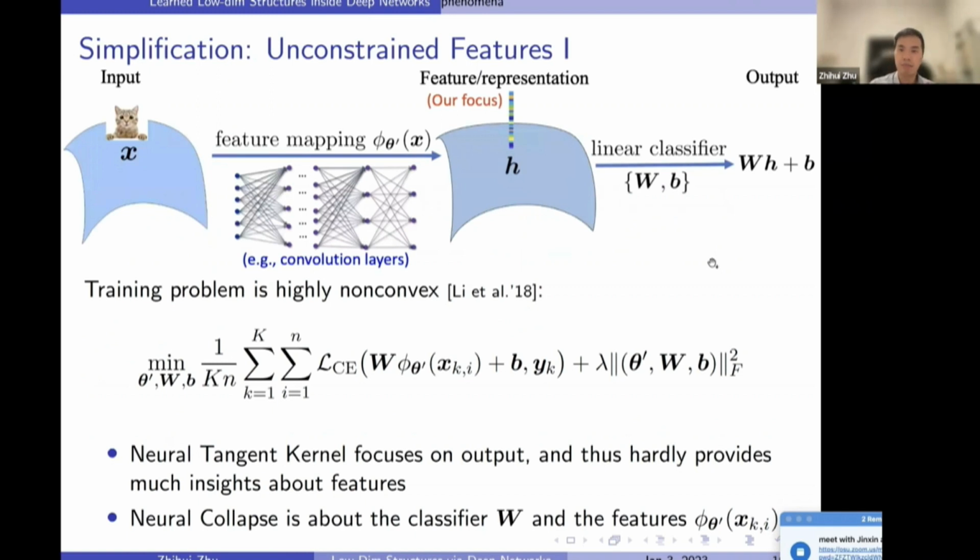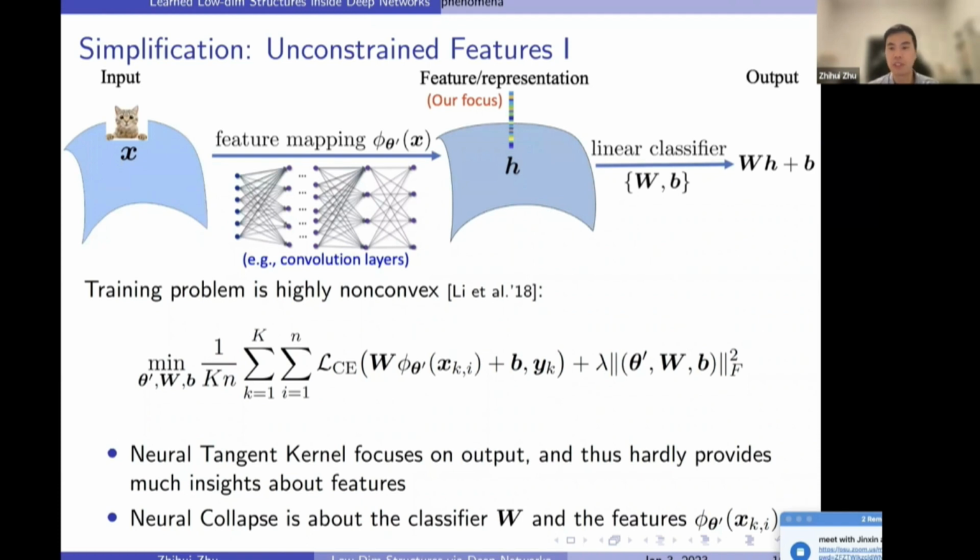Now let's come back to our training problem. We mentioned before that the network contains two parts, a feature mapping and a linear classifier, and we learn both by minimizing the cross entropy loss.